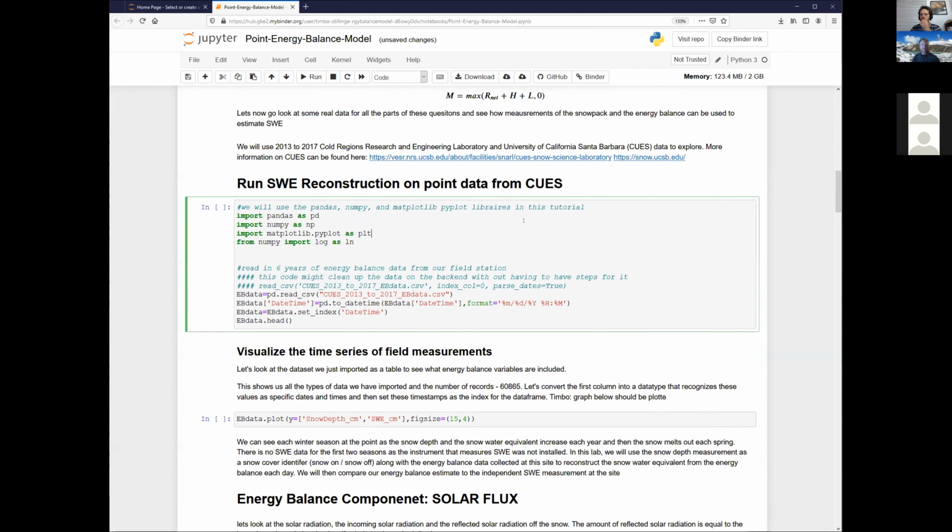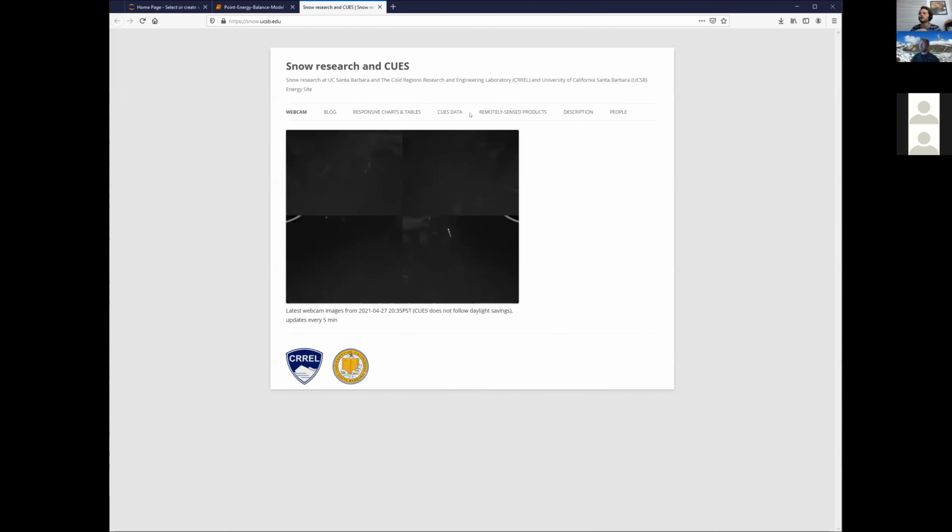Now to run the reconstructions, we want to load all this data into our Python session. To do this lab, we're going to be using the following libraries: pandas, NumPy, and matplotlib. Then we're going to load those up and load in the data, which is this CSV file here. Really quickly, the data for this lab came from our website here.